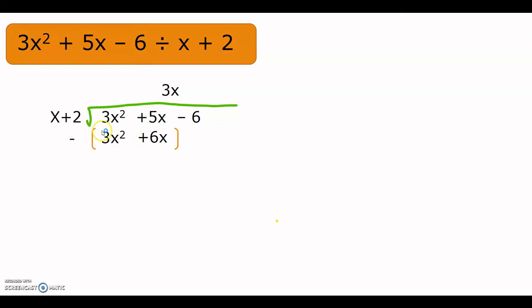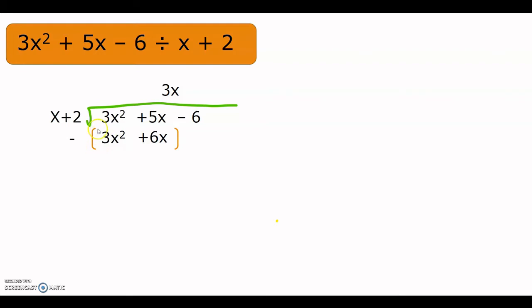You have to remember that we will be using distributive property. If you remember in my previous video about addition and subtraction of polynomials, we will be using distributive property before we add or subtract.